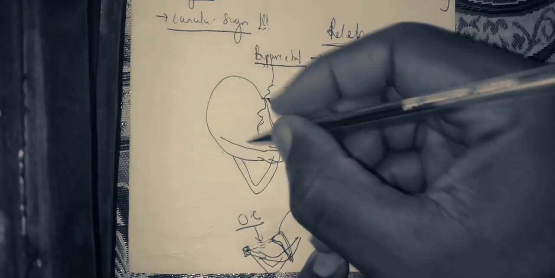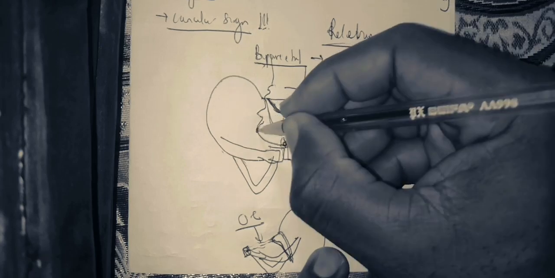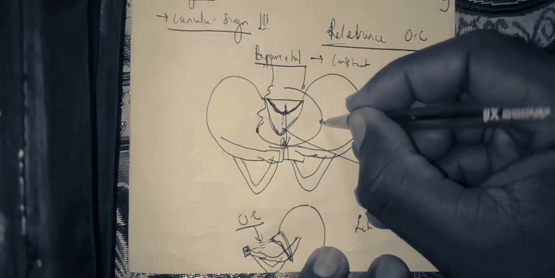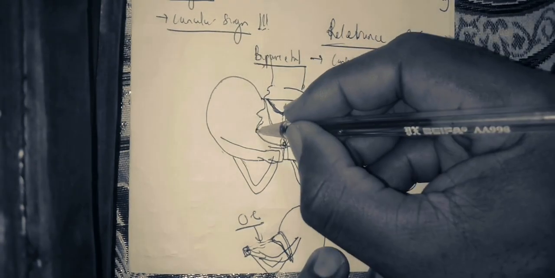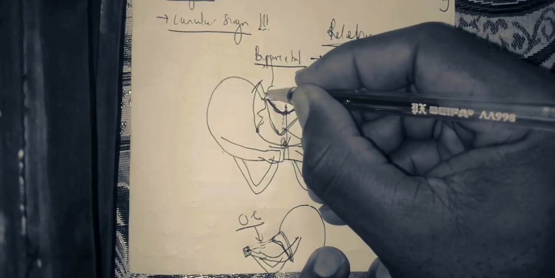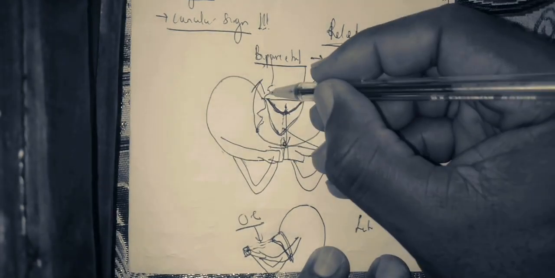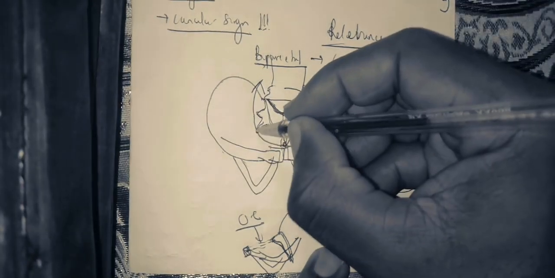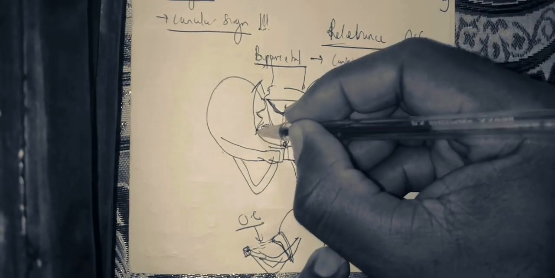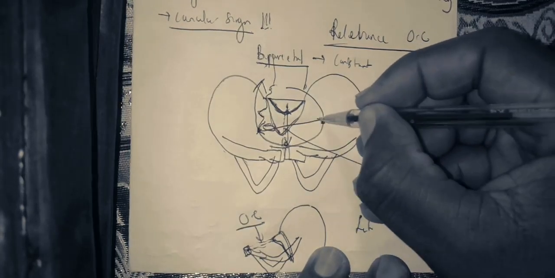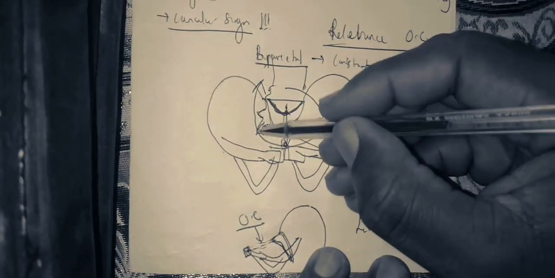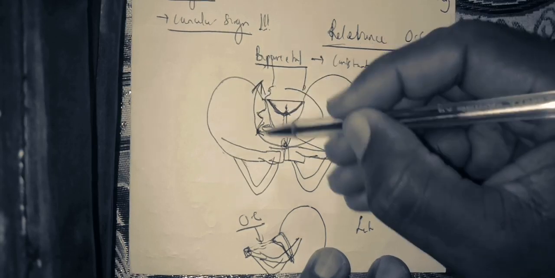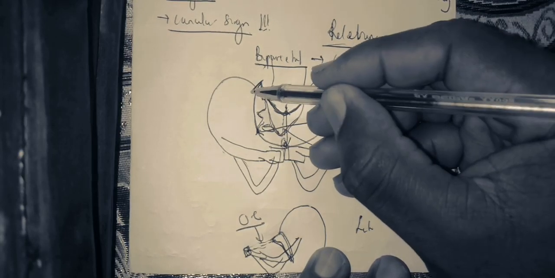Is it clear? You need to know that the anteroposterior diameter of the child is going to change because the child is going to flex. So let's say that this is the head, this is the eye of the child. The anteroposterior diameter, this diameter here of the head of the child, is going to change because during the mechanism of labor you are going to have flexion of the head.